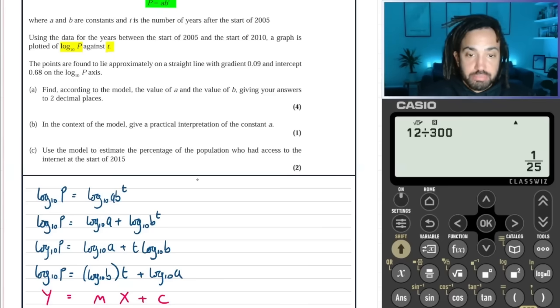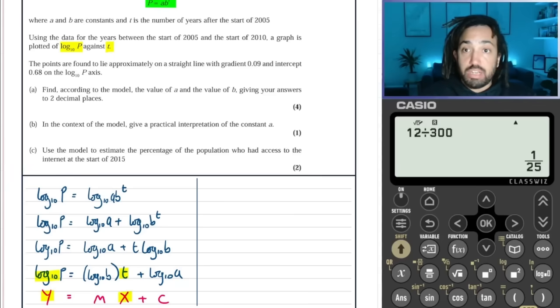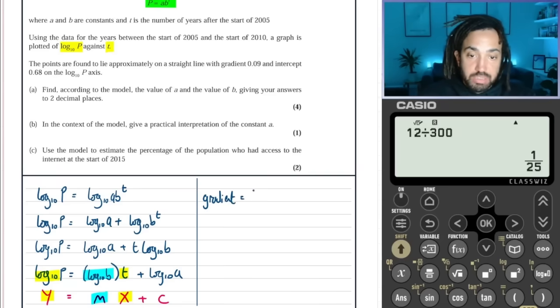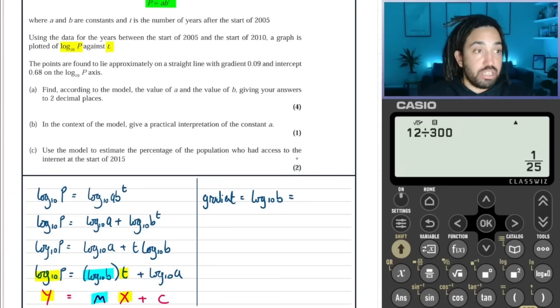Okay, great. So just doing that now tells us exactly what the gradient is and what the intercept is. Because if we line up the non-variables, you can see that the gradient is log b, and we can write the gradient is equal to log base 10 of b, and we also know the gradient is 0.09.